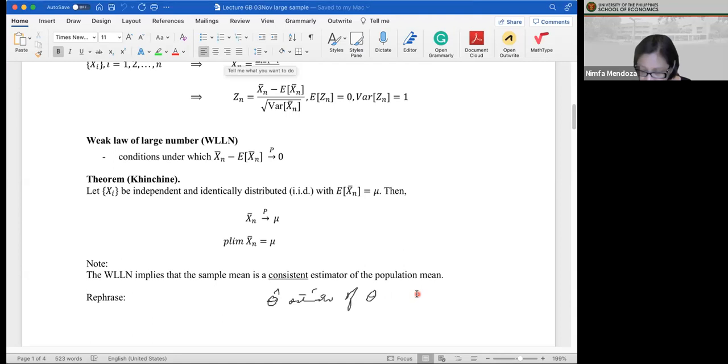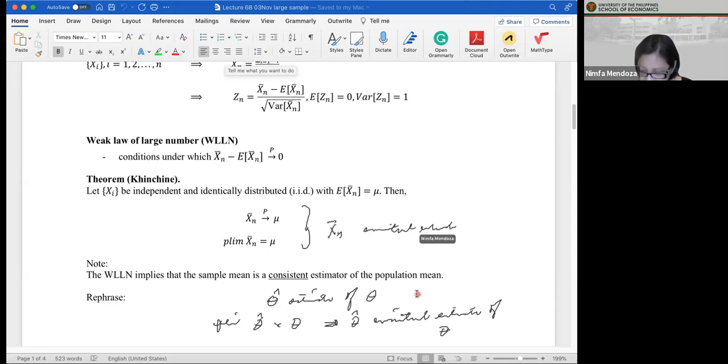If the p-lim of theta hat is equal to theta, then theta hat is a consistent estimator of theta. So here, this implies that X bar sub n, the sample mean, is a consistent estimator of mu.